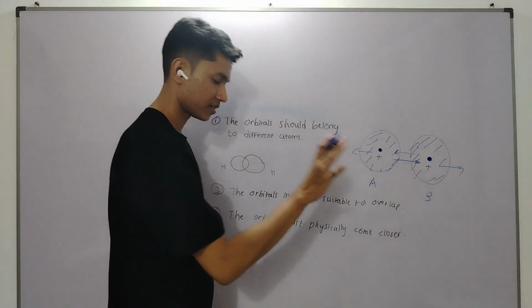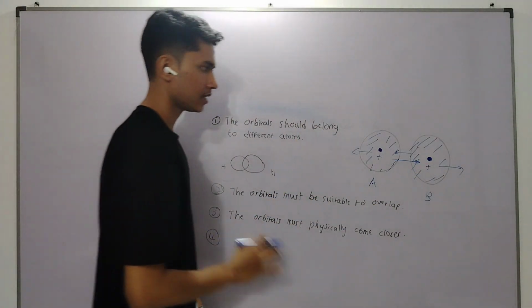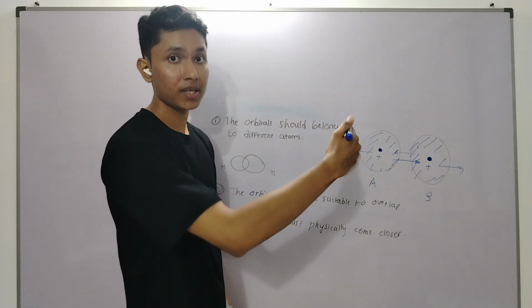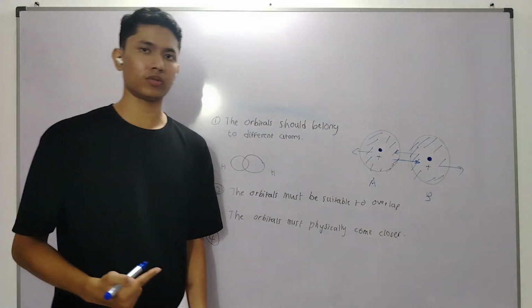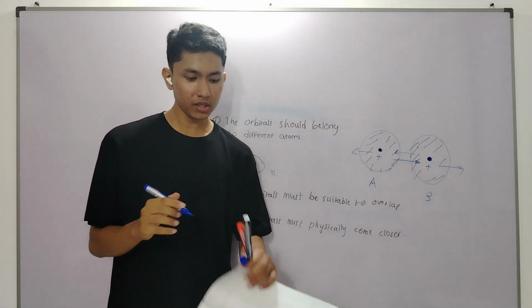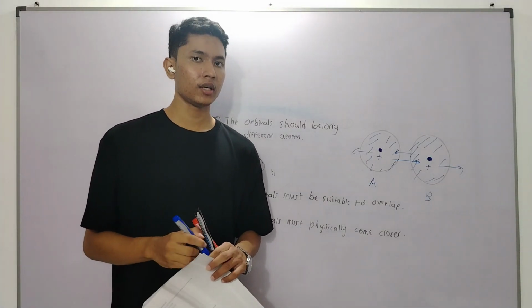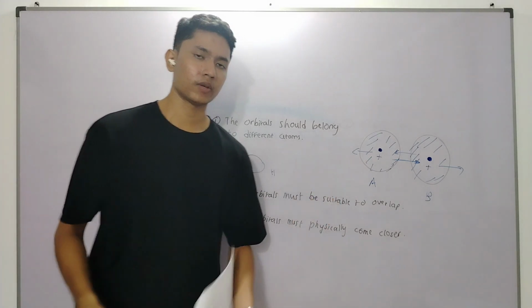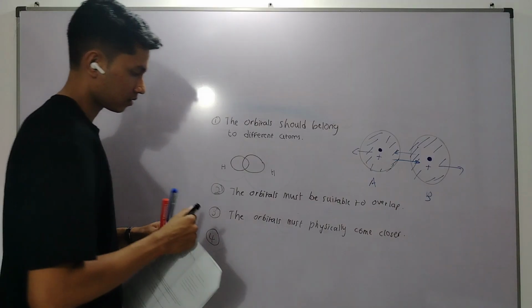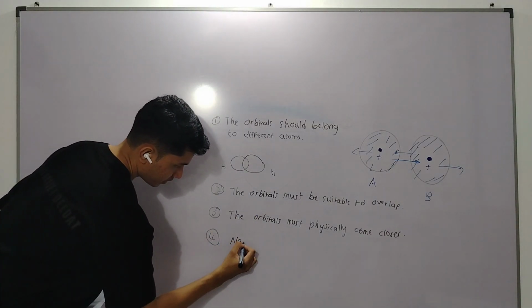So what's this fourth point? The fourth point is the net attraction forces must overcome the net repulsion forces so that it overlaps. Now you should write with me.